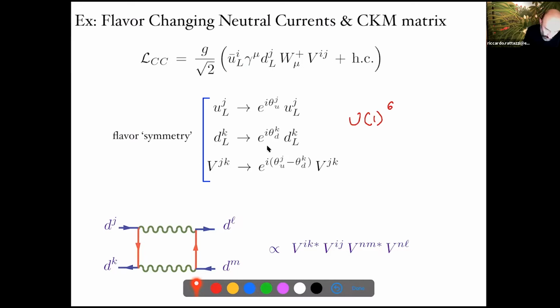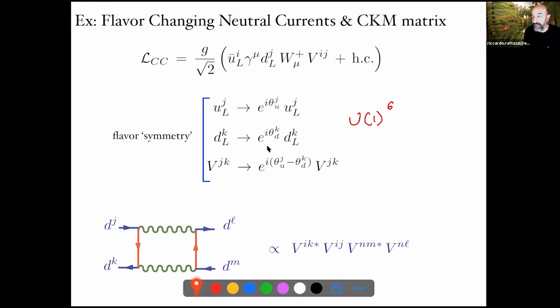For instance, when you consider quantum effects that generate the interaction among 4 quarks of the same type, like D, like those that enter into K-K bar mixing, okay? So this is ingoing, this is outgoing, and so you know what type of operator you have here.